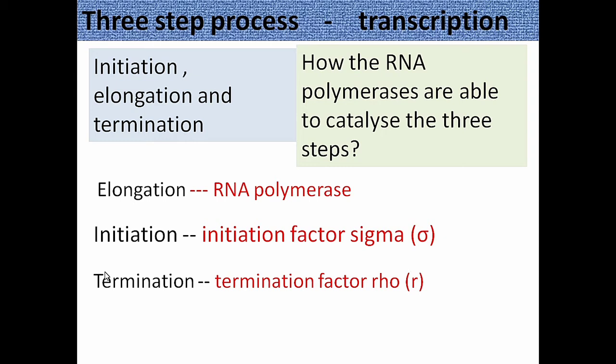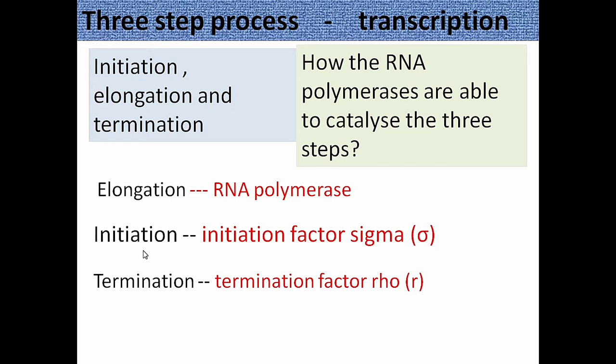RNA polymerase is able to control initiation and termination because of the temporary association with the sigma factor and the rho factor. The sigma factor, the initiation factor, and the rho factor, the termination factor, both instruct the RNA polymerase for initiation and termination.